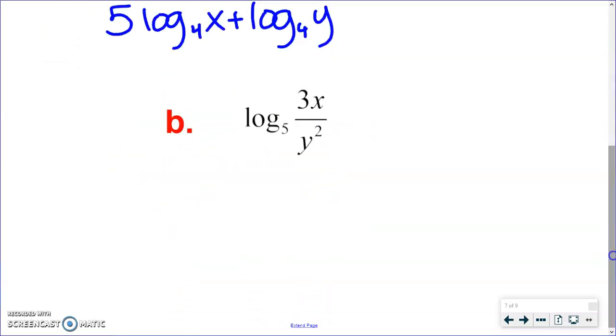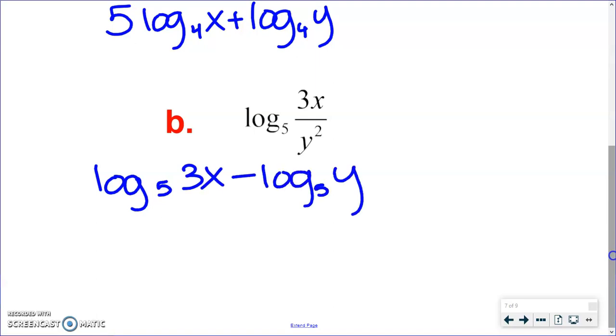Try another one here. Log base 5 of 3x over y squared. We're going to start by separating this with the division. So we're going to start with log base 5 of 3x minus log base 5 of y squared, and then we can separate it even further.